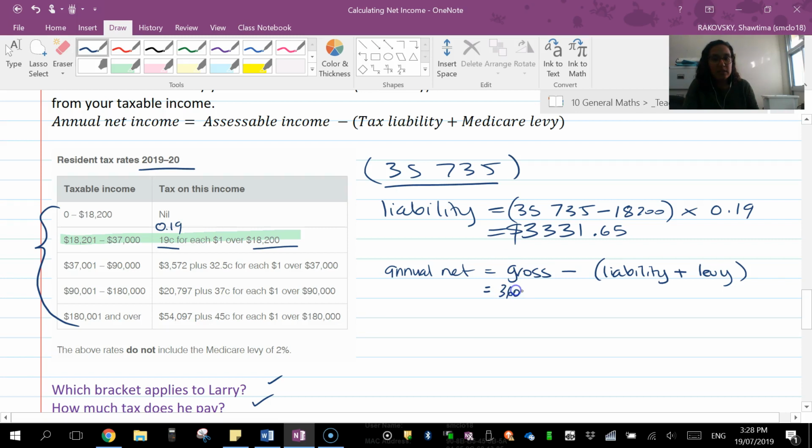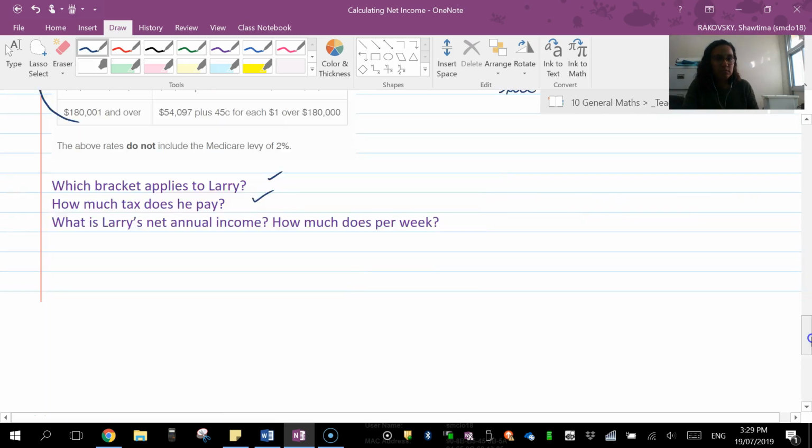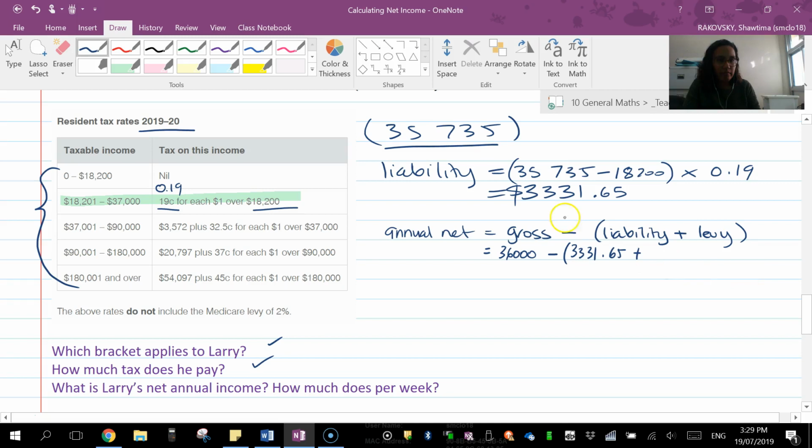Gross income, so if we actually think back, his gross income was $3,600. We're going to subtract the liability, which is 3,331.65, and the levy, which is up here, $714.70, and that gives us a total of $31,088.65.